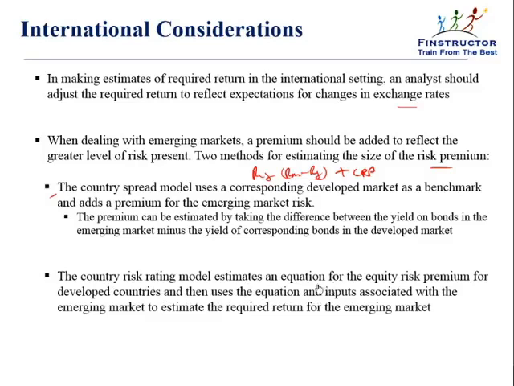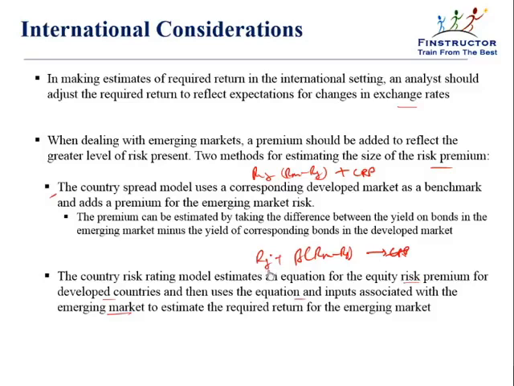So this model will estimate an equation for the equity risk premium for developed countries, and then use the equation and inputs associated with the emerging market to estimate the required return for the emerging market. So use the same model, that is RF plus beta times RM minus RF, but instead of adding a country risk premium, just use all these inputs from the emerging market.